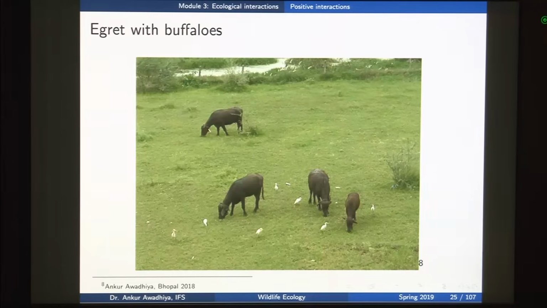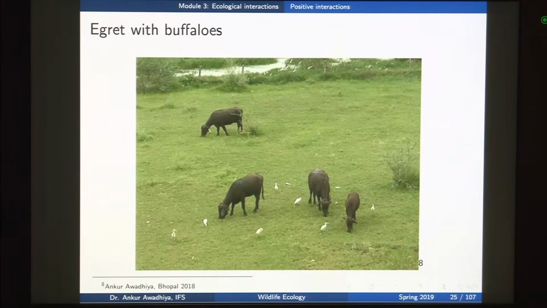If you consider yourself to be an egret and you see this grass around, so this grass would be having a number of insects, but then how do you get to that insect? So, you come down and you find that there is an insect that is behind a leaf. So, insects are also very adept at camouflaging themselves, so they will not show themselves off.